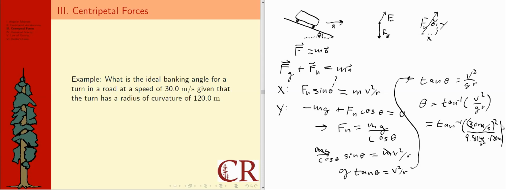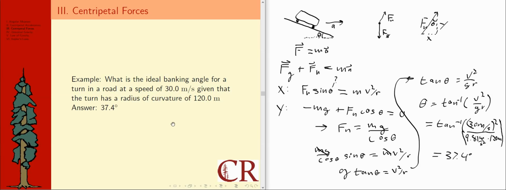So in your calculator, you're going to put in the tangent inverse of 30 squared divided by the quantity 9.81 times 120. I use parentheses in my calculator to put all that in line for the bottom part. In degree mode, my calculator spits out 37.398, etc. We can round that off to 37.4 degrees as an answer here. And we can check it, and it's correct.